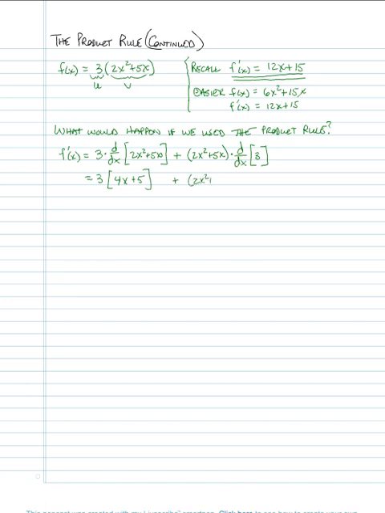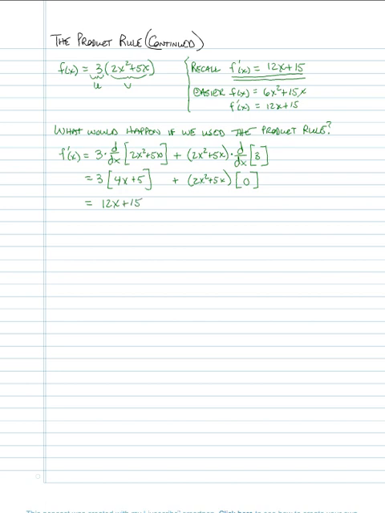And over here we have 2x squared plus 5x, and the derivative of 3, well, that's the derivative of a constant. And the derivative of a constant, lo and behold, is a 0, isn't it? Oh, wow. Well, then over here on the left of the plus sign, when we multiply the 3 with the 4x plus 5, we get 12x plus 15.